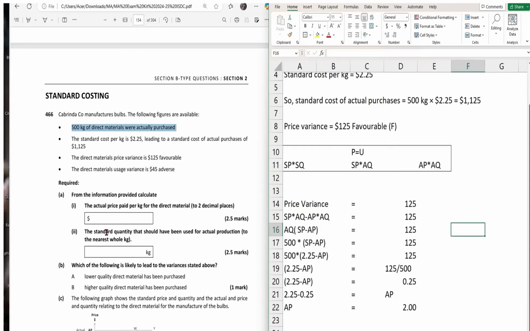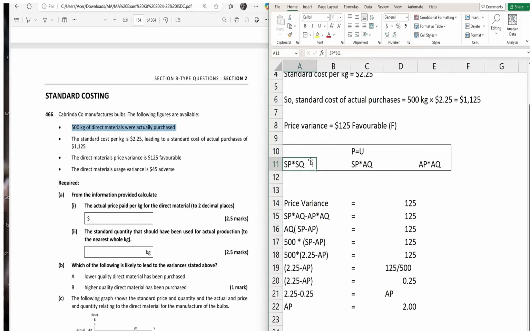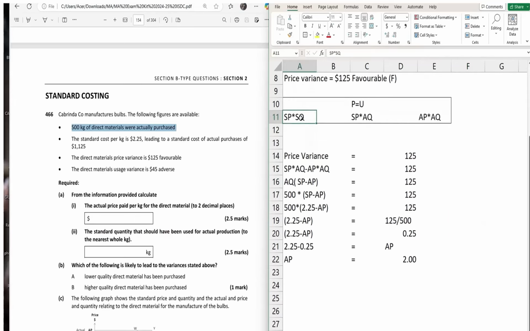All right. Now, the next question is the standard quantity that should have been used for the actual production to the nearest whole kg. Standard quantity that should have been used for actual production means your SQ. Now, for calculating the SQ, we need these two figures, and the difference of these two figures is known as your usage variance. The usage variance given in the question is 45 adverse.